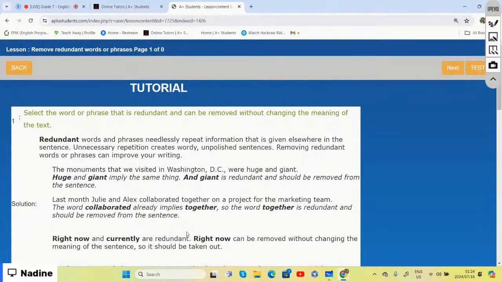All right, so now they're not even giving us an actual activity. It only says select a word or phrase that is redundant and can be removed without changing the meaning of the text.